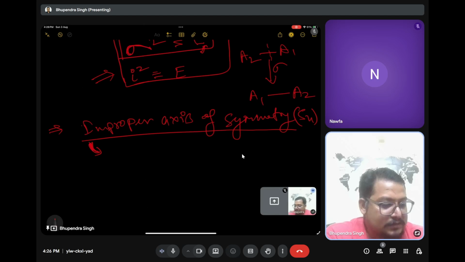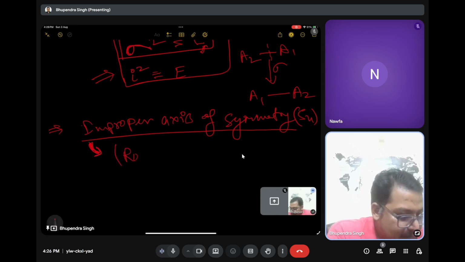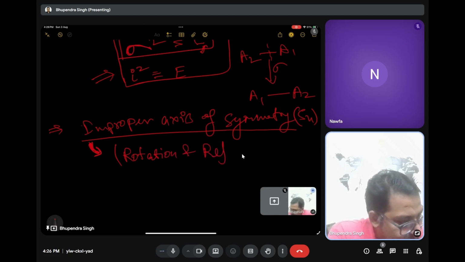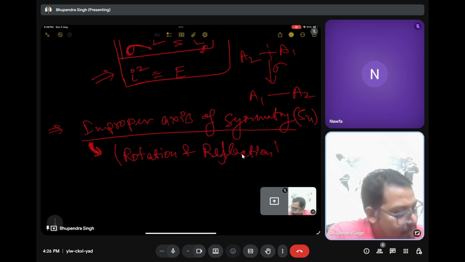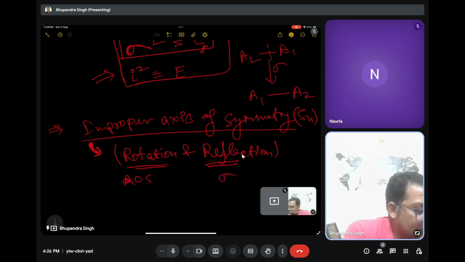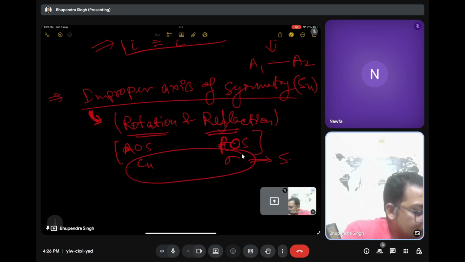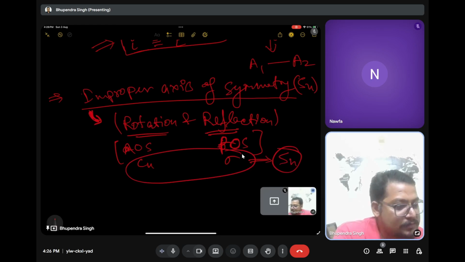The kind of operations involved in this improper axis of symmetry are rotation and reflection. Rotation, we know, is the axis of symmetry, Cn. Reflection, we know, is sigma, the plane of symmetry. A combination of these two will lead to the Sn, this improper axis of symmetry.